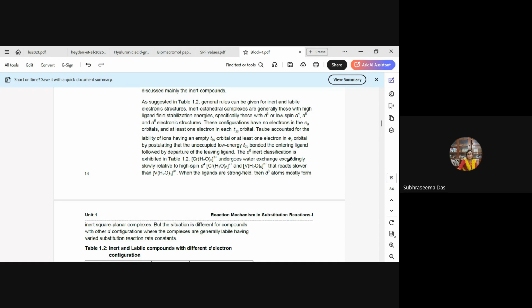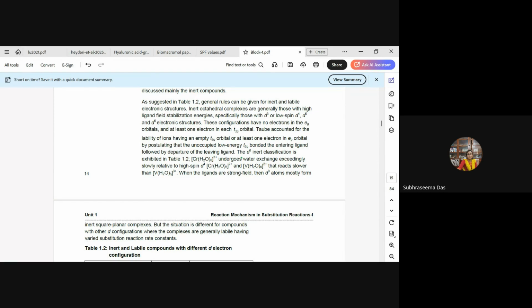Before talking about inert and labile compounds, it is always important that we know the d-electron configuration of the inorganic complexes we are dealing with. After that we will also know whether it is a high spin or low spin complex, which can be known from the ligand, according to the spectrochemical series.